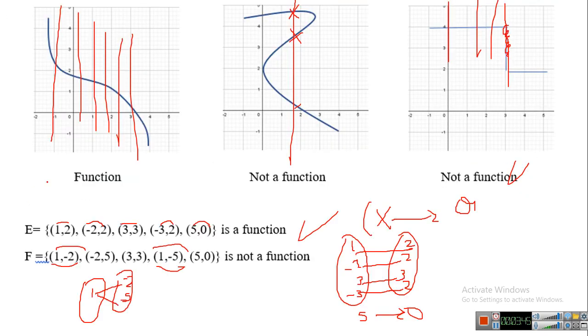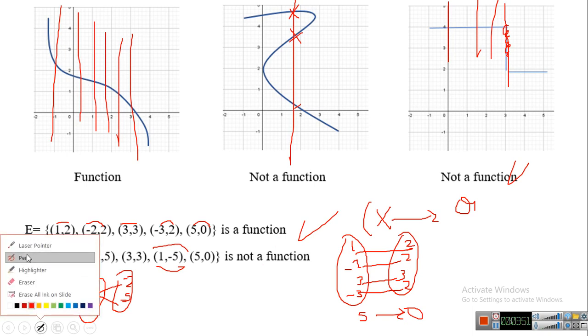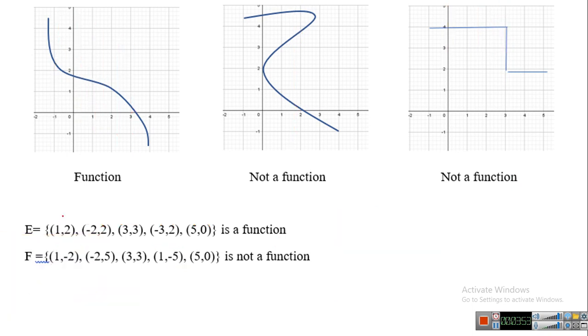One thing here, if you want to talk about domain, for example, domain is 1, minus 2, 3, minus 3, 5. Range is 2, 3, and 0. Here domain is 1, minus 2, 3, 1, 5.